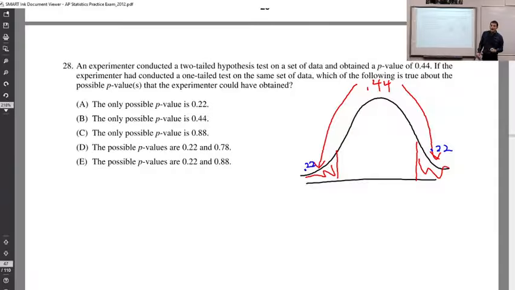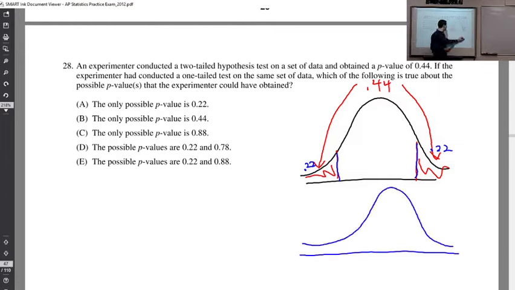Now, we could have gotten that area one or two ways. We could have gotten this z-score or this z-score. We could have gotten either one of those two z-scores. And so when we consider making it one-sided, I'm going to make the one-sided be less than as my direction. But I could pick either one. Less than is my direction. Either we got this z-score, in which case the area underneath there is the 0.22 from the left tail.